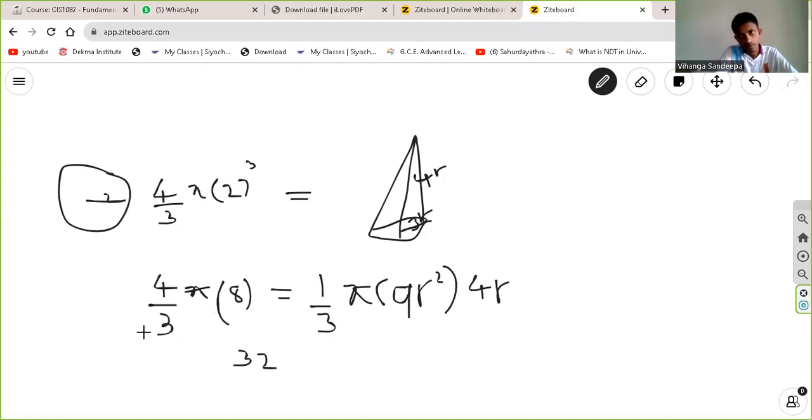Okay, we can simplify it. 3 to 3 cancels, pi to pi cancels, 4 to 4 cancels again. Then 8 over 9 equals r to the power 3.